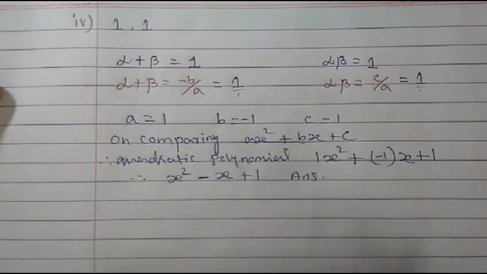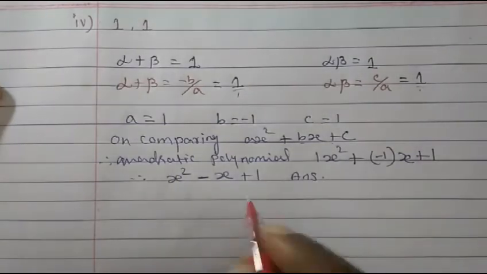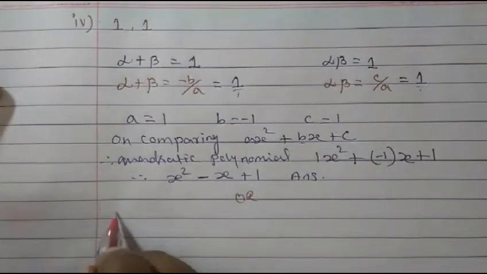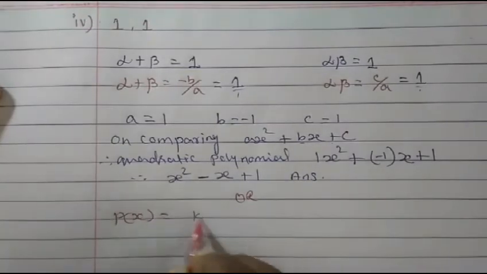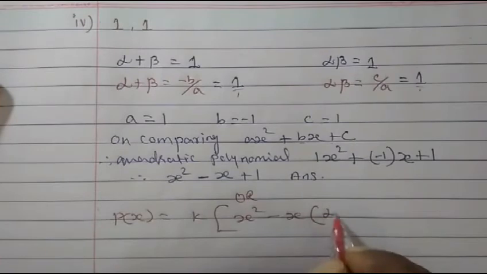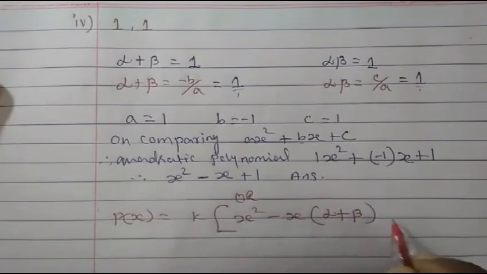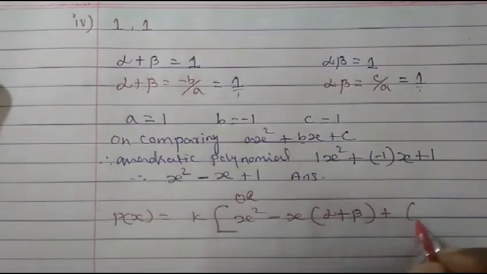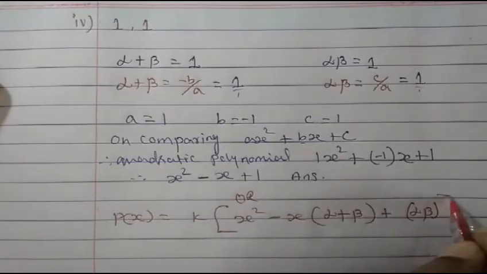This is our answer. If you want to use the identity method, then p of x equals k times x square minus x into the sum of the zeros, plus alpha into beta.